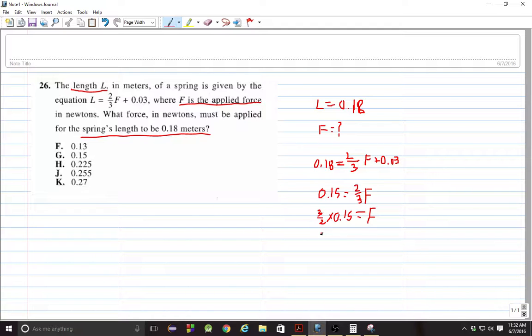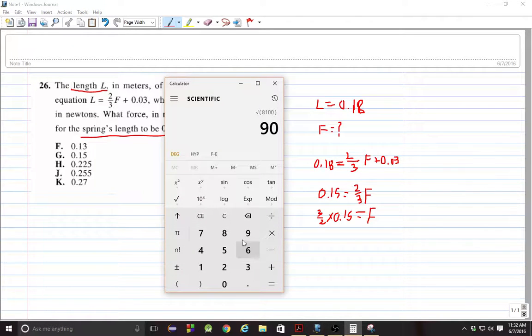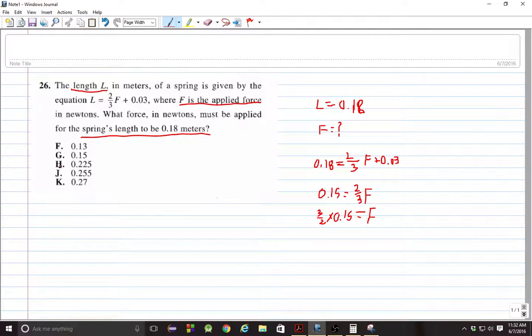Well, I don't want to do this part in my head. 3 over 2 is the same thing as 1.5, so 1.5 times 0.15 equals 0.225. So the answer is H, 0.225.